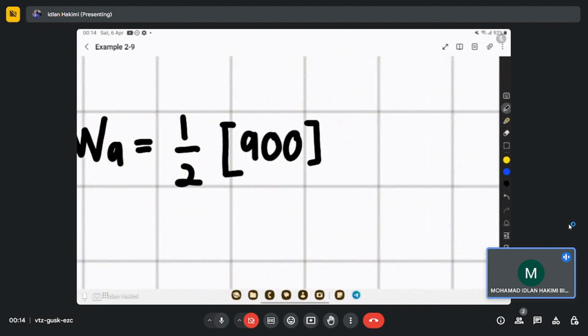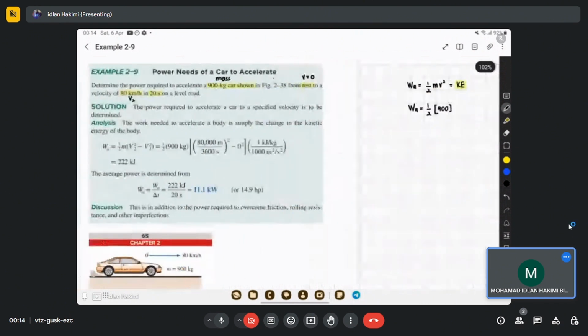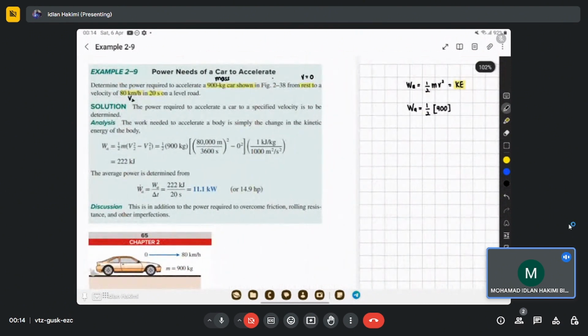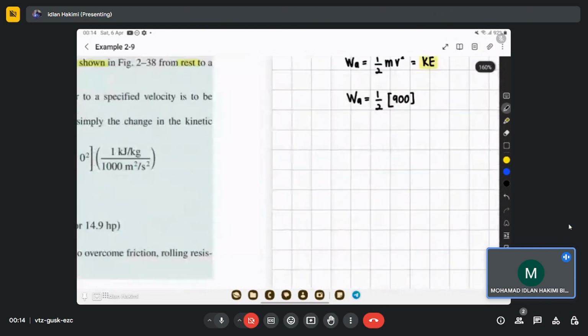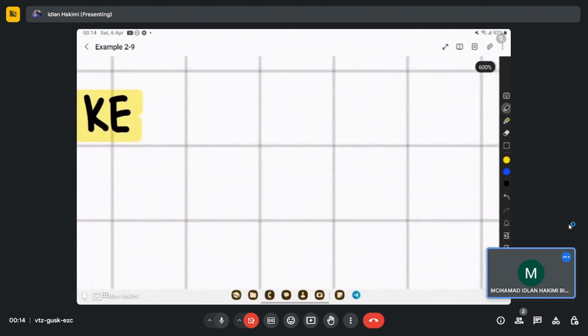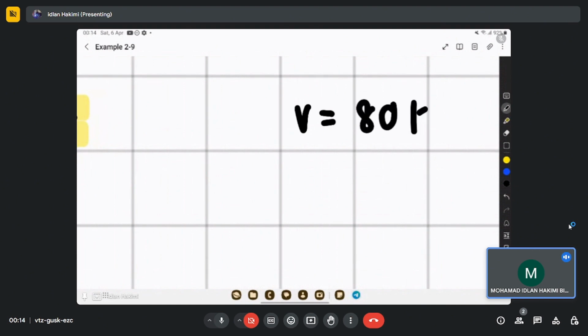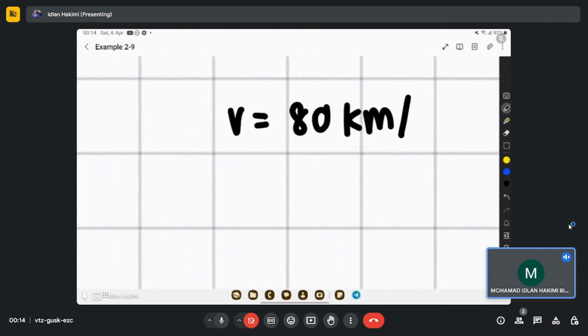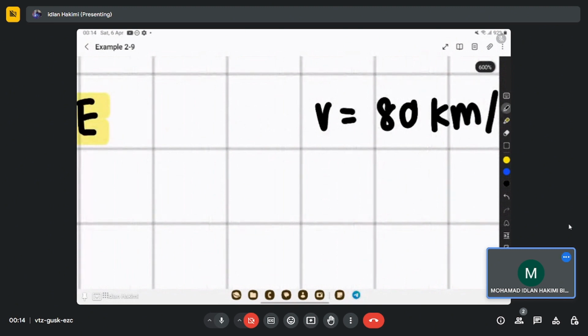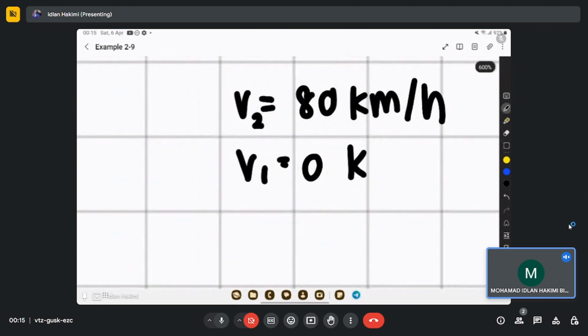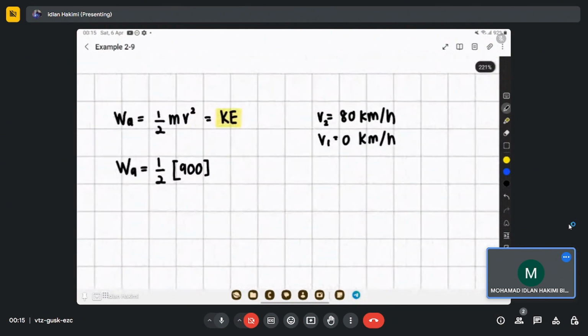The velocity here says 18 kilometers per hour, and the other one is 0. So V2 equals 18 kilometers per hour and V1 is 0 kilometers per hour, which is from rest.